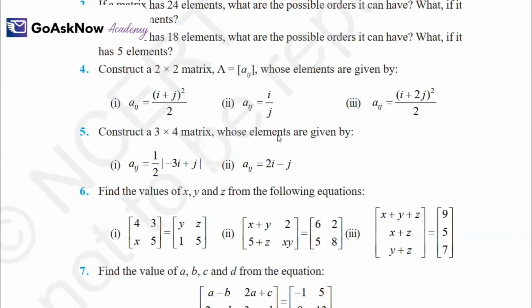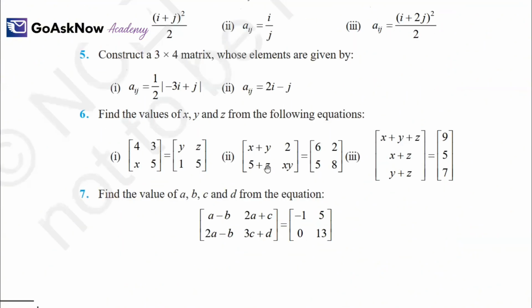What is the next question? Okay. So the seventh question is also an example of equal matrices.